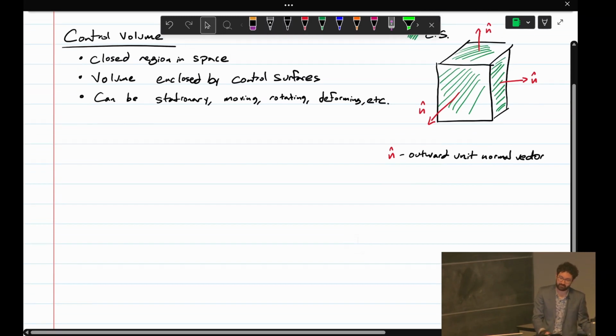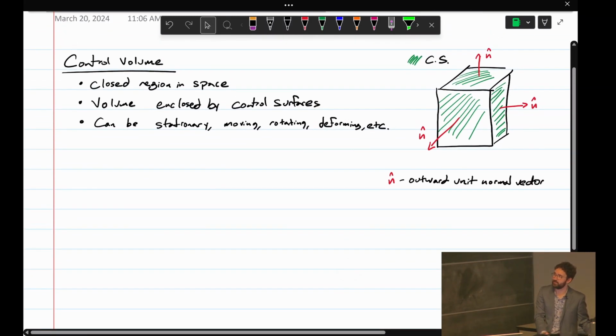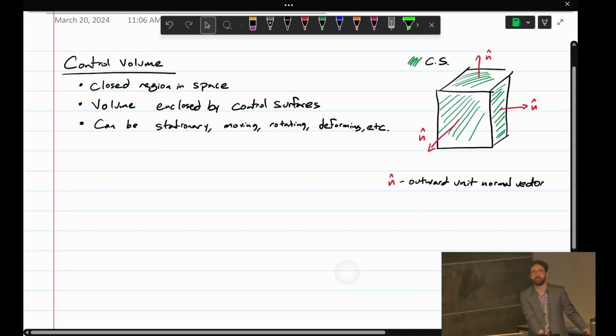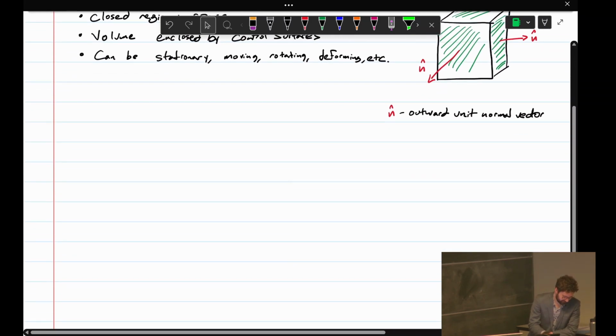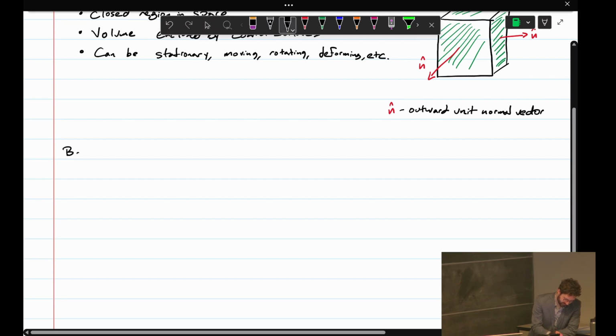Okay. Any questions? I'm assuming most of this isn't new, but maybe some of the integrals we're going to do might be a little bit new. Let's talk about what balance laws are.